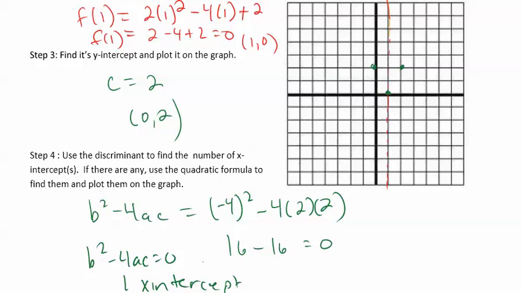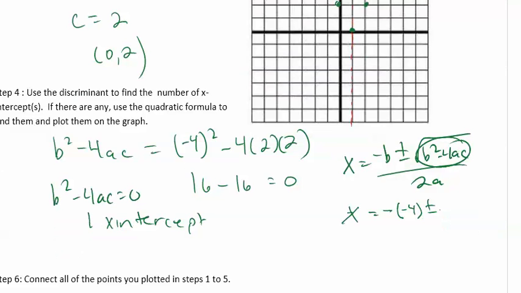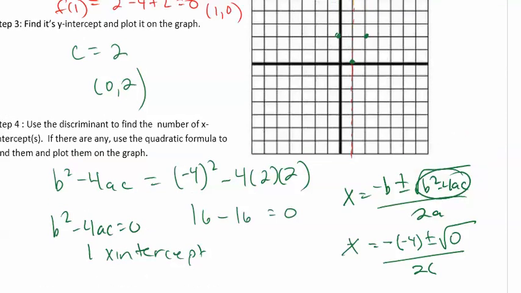So let's find out what it is. x is equal to negative b plus or minus the square root of b squared minus 4ac, all divided by 2a. Remember, we just found the discriminant, so x equals negative negative 4 plus or minus the square root of 0, which is what we just found b squared minus 4ac to be, all divided by 2 times 2.